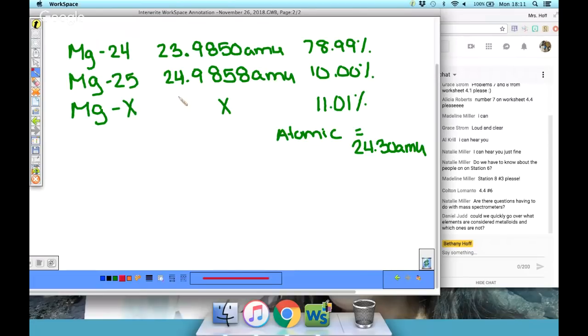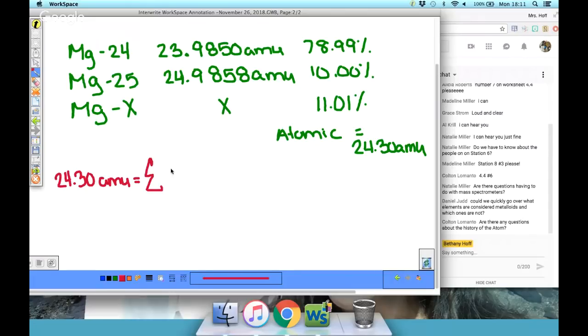So if we plug this information in, we're going to have 24.30 AMUs equal to the sum of 23.9850, and you're going to multiply that by your decimal. Notice I just changed that into a decimal from the percentage.